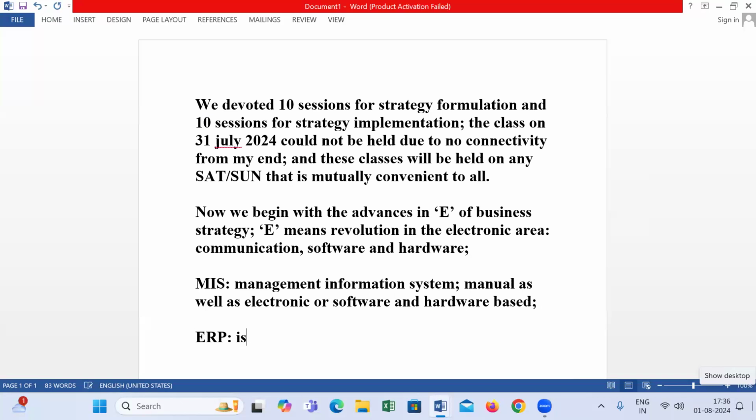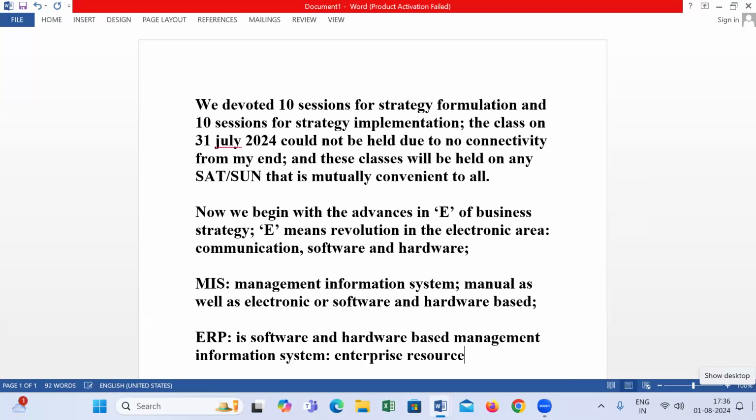ERP is a software and hardware based management information system. And ERP stands for Enterprise Resources Planning.